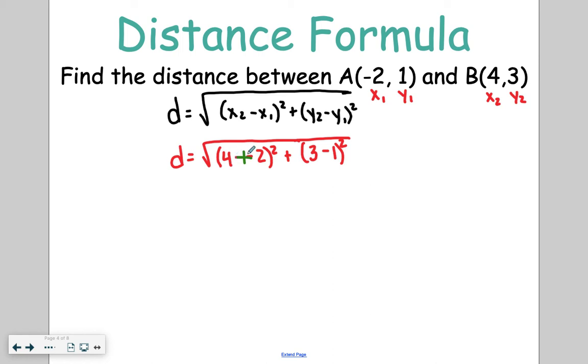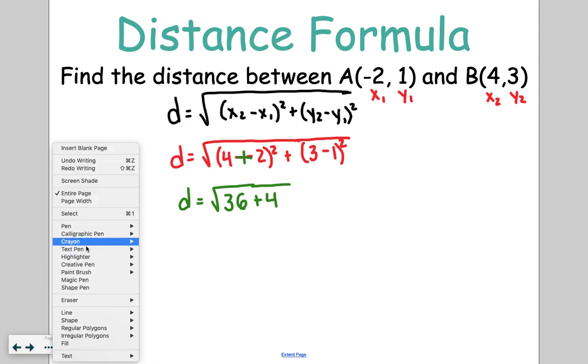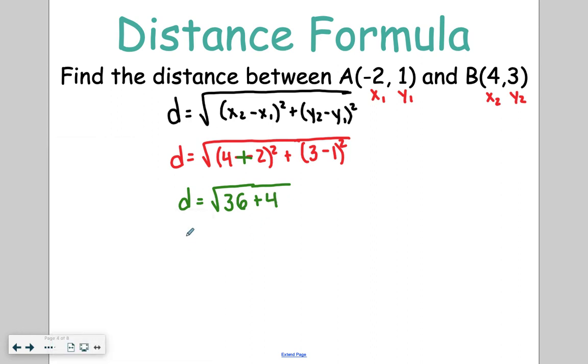So we have 6 plus 2, and then to the second power, 4 plus 2, which is 6, to the second power, which is 36. So we got the square root of 36 plus, and then we've got 3 minus 1, which is going to be 2, to the second power, which is 4. So then our distance is going to equal the square root of 40.